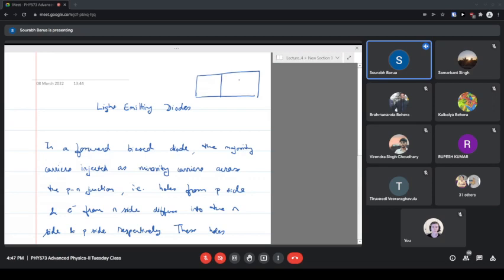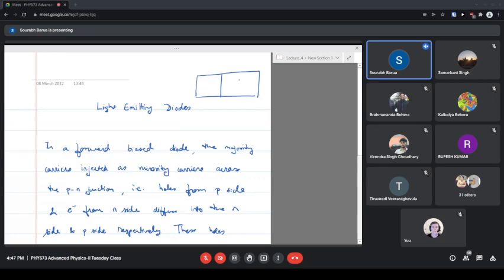So that is how the concentrations of p and n behave. What I have drawn is the number of electrons n, and this is the number of holes p, and this is distance on the x-axis, distance from the depletion region.